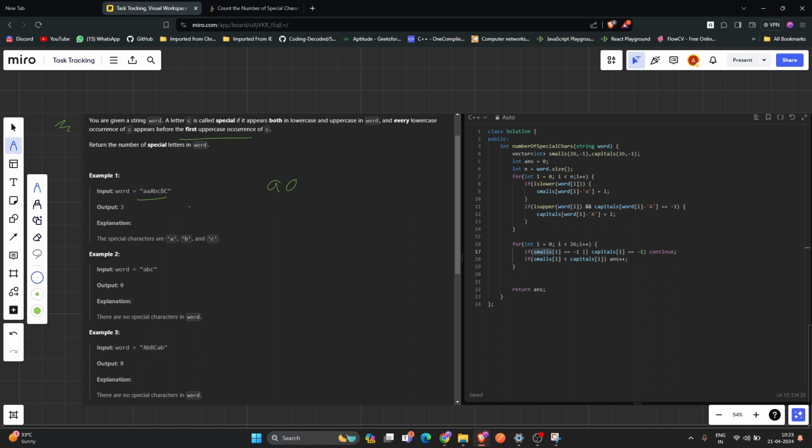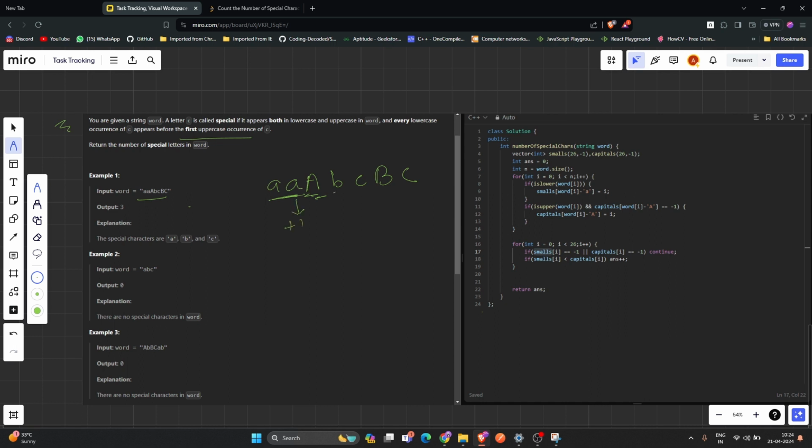So we have this small a, capital A, B, C, capital B, and C. Let's talk about A. Here we have small a and capital A, and every small a is appearing before its first uppercase occurrence. Here we have all small a's, then capital A, so small a is appearing before the first occurrence of capital A. That means it is a special character.